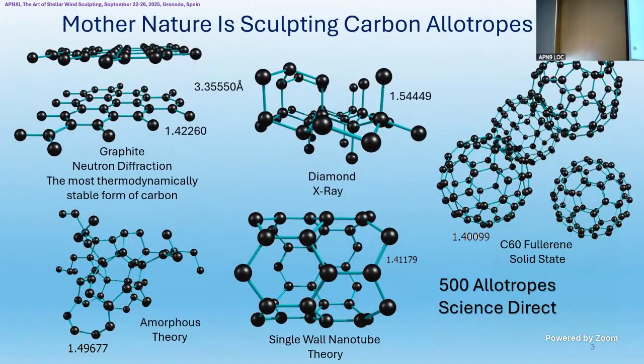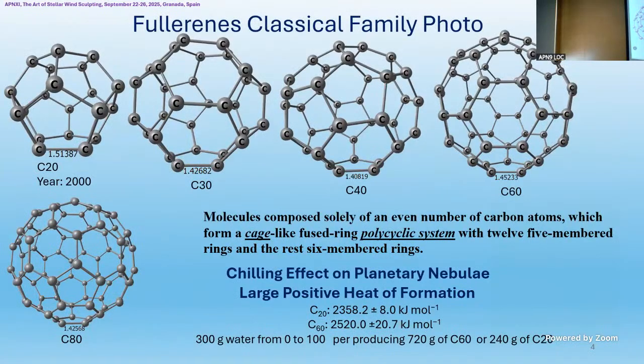Fullerene is a very special molecule, one out of 500 allotropes of carbon that are already listed. The family starts from C20, 12 five-member rings, synthesized in 2000 in the gas phase, then C30, C40, C60, and all of them have a very special characteristic in terms of thermochemistry, bad for planetary nebulae.